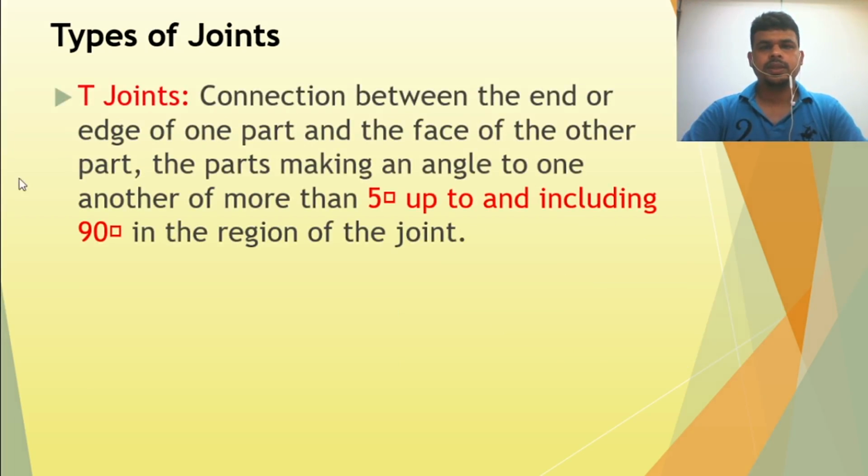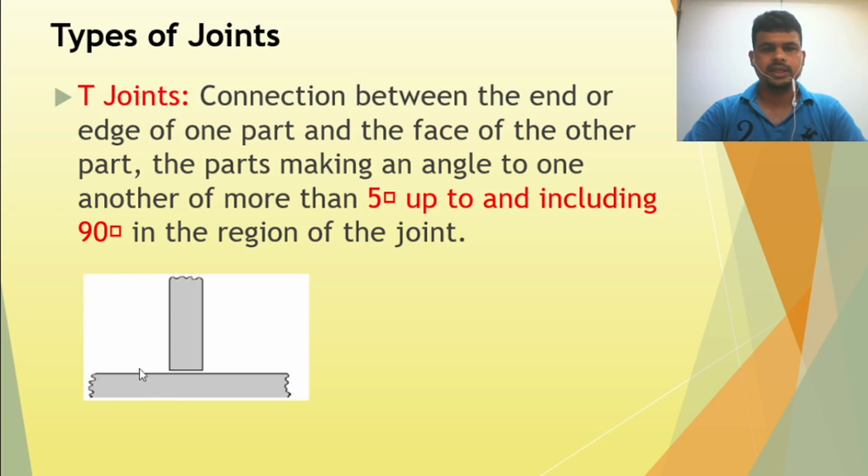T joint. What is the T joint? A T joint is the connection between the end or edge of one part and the face of the other part, the parts making an angle to one another of more than 5 degrees up to and including 90 degrees in the region of the joint. So let's see the picture. You can see from this picture, this is the 90 degree.